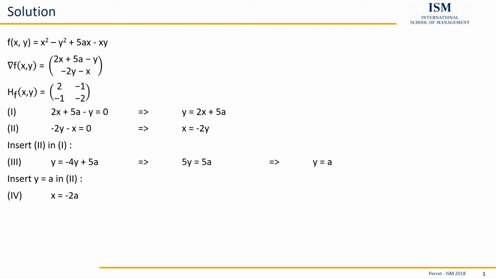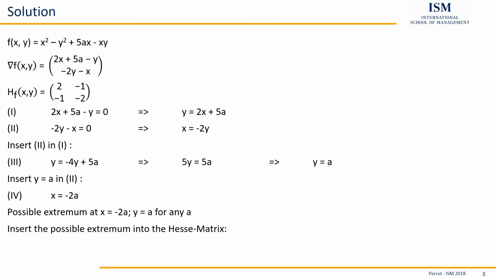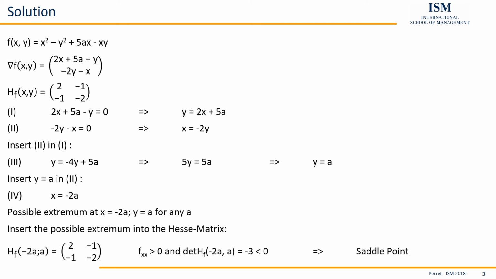Then we only need to check whether this is maximum, minimum or saddle point. And for this, we are inserting this possible extremum into our Hesse matrix. A possible extremum for any a, we insert this into the Hesse matrix. And well, the Hesse matrix only has fixed values, so it won't change.